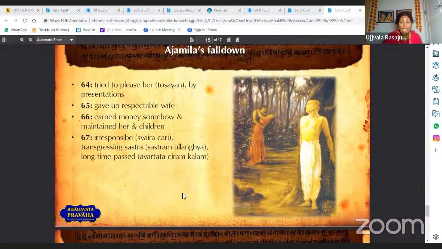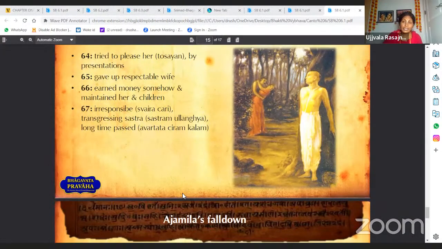And because he was a brahmana and he also had the jnana, he knew what is to be done, what is not to be done, what is sin, what is not sin. He knows it very well. But just the jnana was not enough in this case.